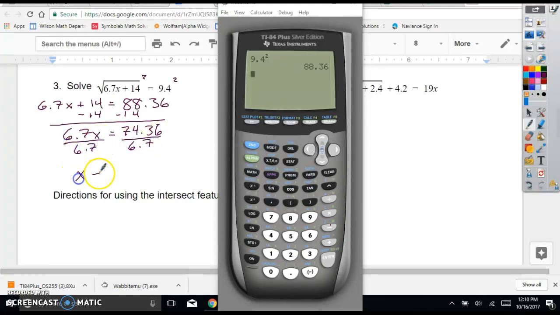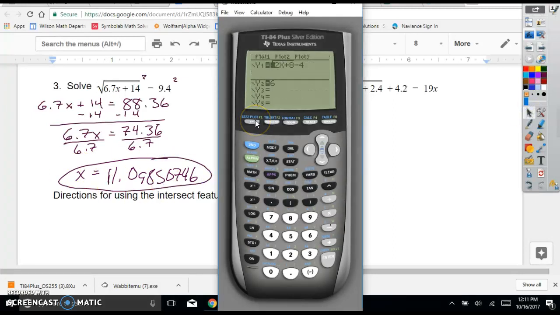Let's go ahead and take this in. So minus 14. Enter. And then I'm going to divide that by 6.7. That leaves me with 11.09850746. Now let's see how we do with a graph.